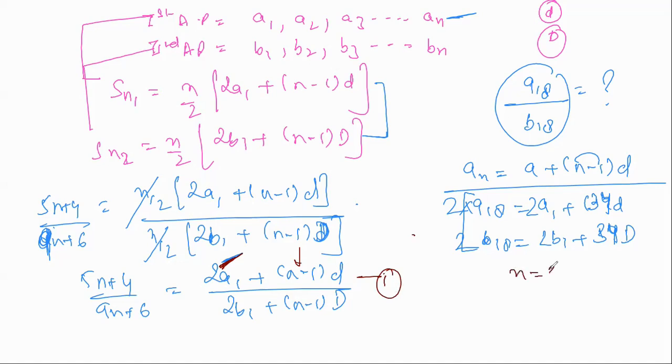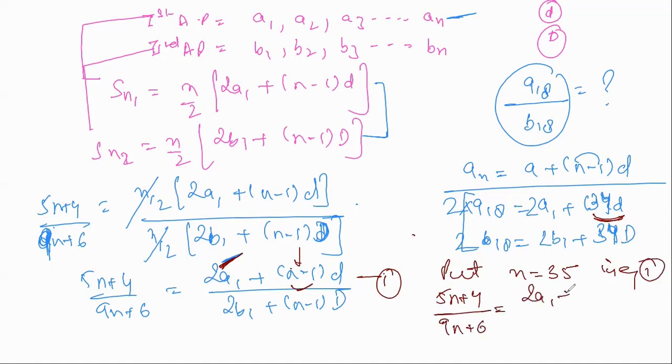When I put n equal to 35 in equation 1, because I want this as 34D, so to make it 34D, I put n as 35. So it will be 2A1 plus 35 minus 1, which is 34D, and 2B1 plus 34 capital D, right?